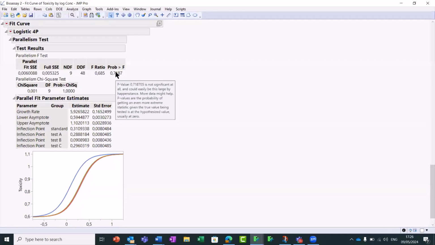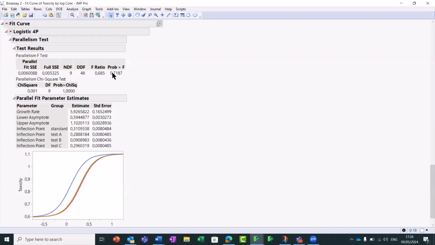You can also see here that the distance between the curves of test B at least and all the other tests are very, very similar to each other. So here it says that we are in agreement that our different curves are the same or have the same slope.